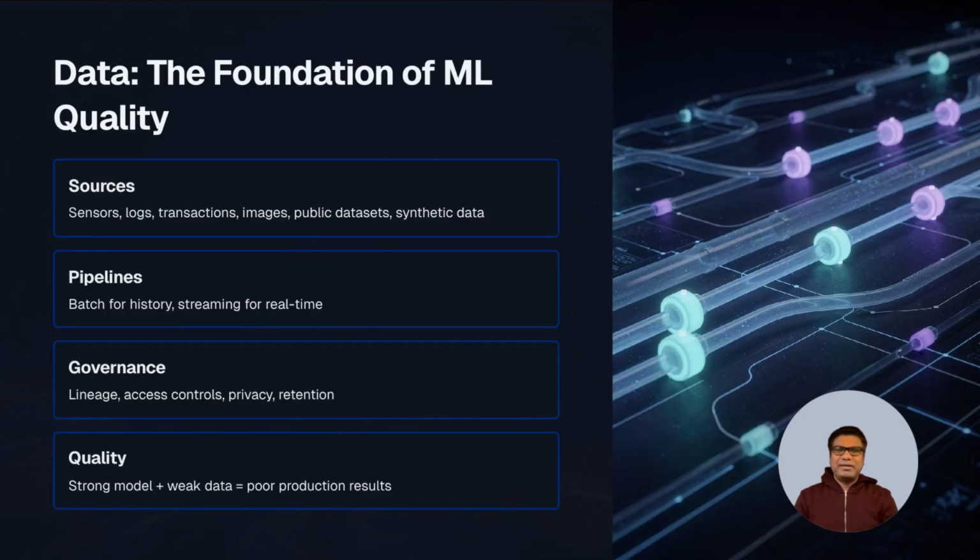The data layer deserves special attention because machine learning quality is deeply tied to data quality. Data must be collected, cleaned, transformed, labeled where needed, and governed. Training data can come from enterprise systems, sensors, web content, logs, user interactions, transactions, images, medical scans, industrial equipment, public datasets, and synthetic generation. Teams often use batch pipelines for historical data and streaming pipelines for real-time use cases.